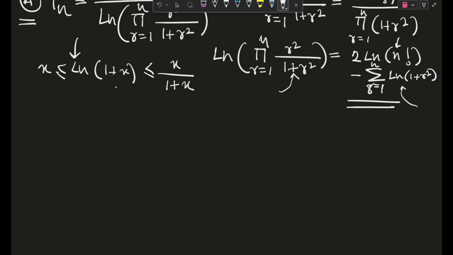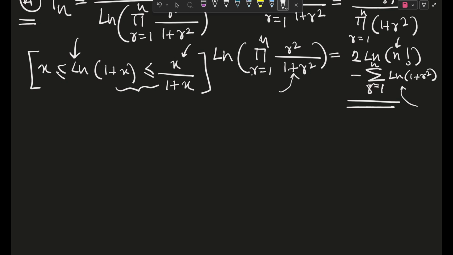And similarly, this thing is also a very common question. This part and this part both are common questions. And if you want to know how this came, then basically r square by 1 plus r square from here gives you an insight. I used it, and this is actually a standard inequality, okay, at IMO level. But still, if you guys don't know this inequality, then I would recommend, please remember this.